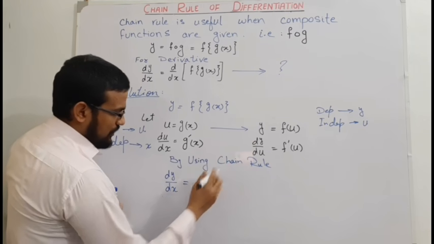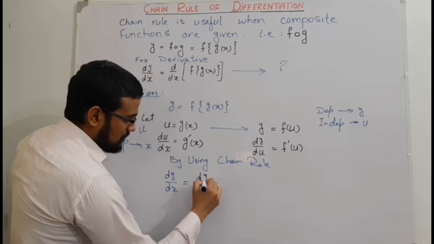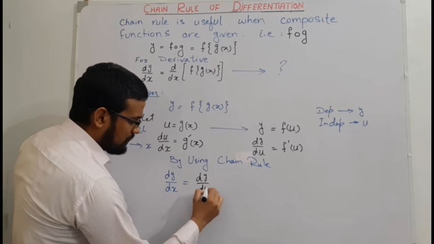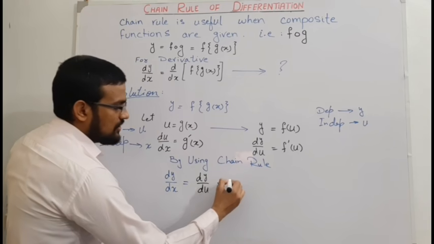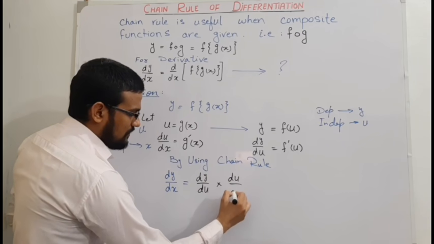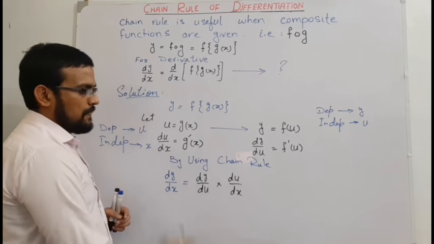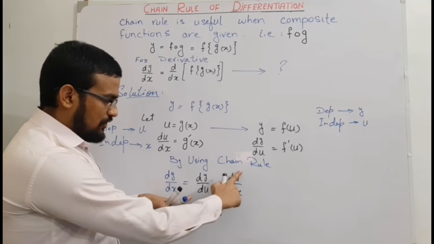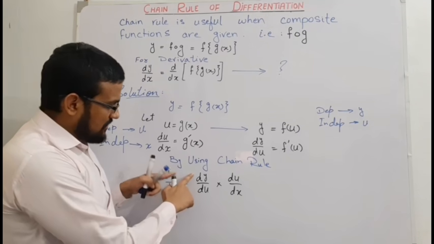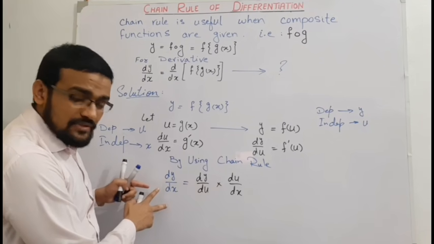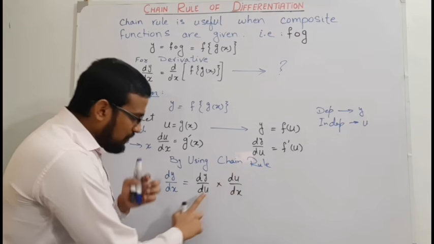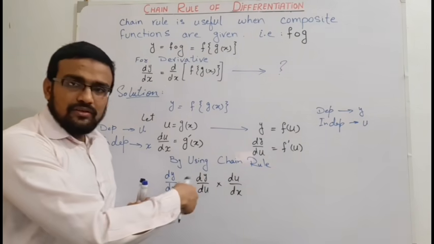It means dy over du multiplied with du over dx. Here du cancels with du, giving dy over dx. Okay, it becomes the same. But du is not actually cancelling.